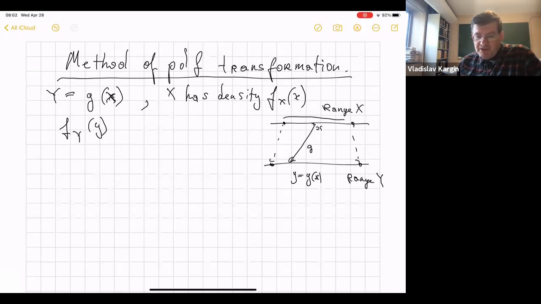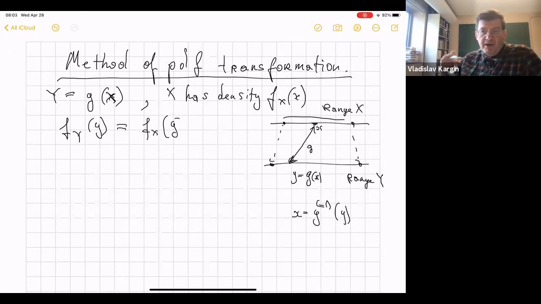And so now, if we have a y, which is a function g of x, then we can also define the inverse function g to the minus 1. And so we can write that x is equal to g minus 1 of y. So this is the inverse function. And f of y will be equal to the density of x evaluated at the corresponding point, which is g minus 1 of y.